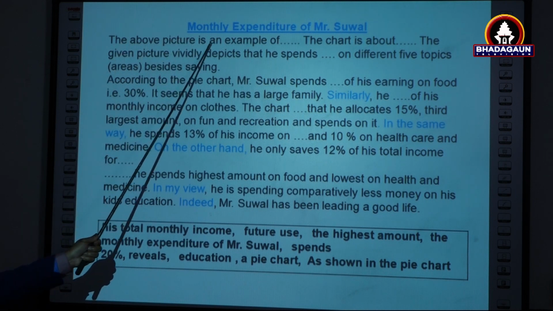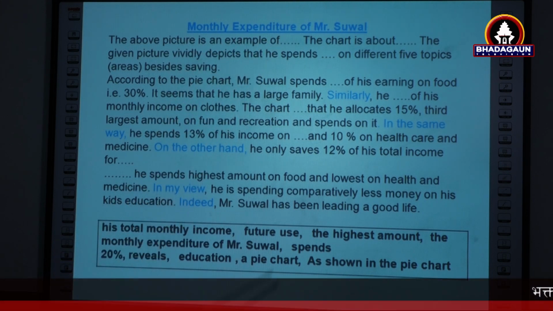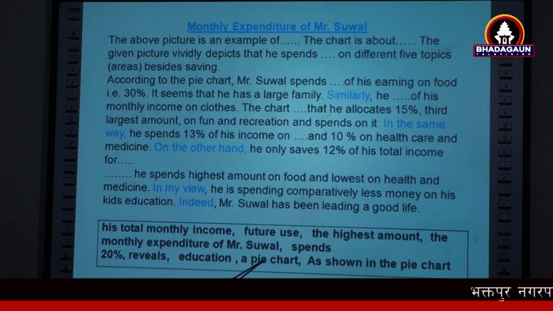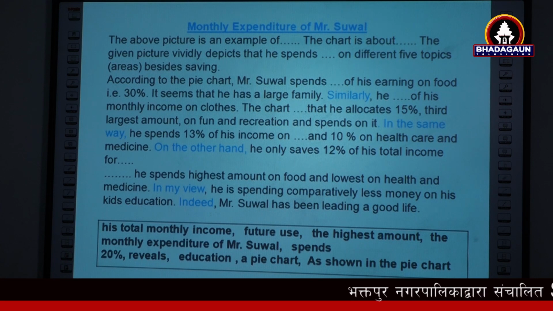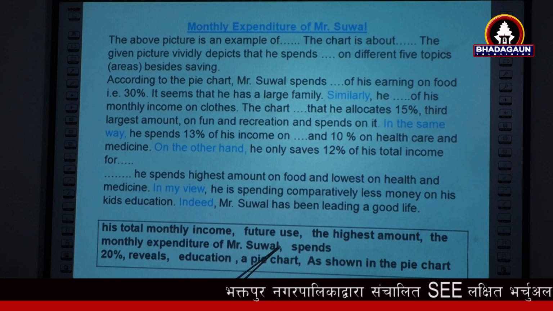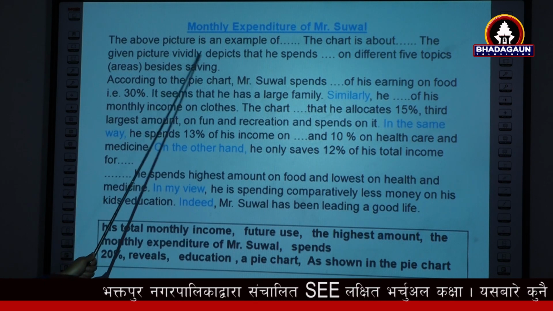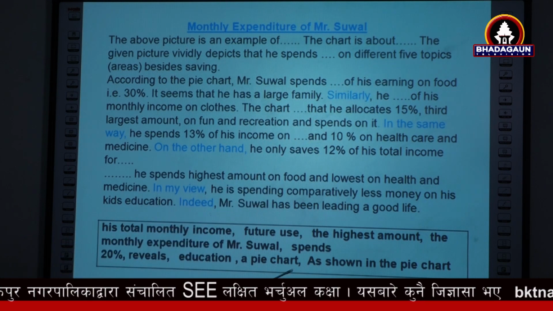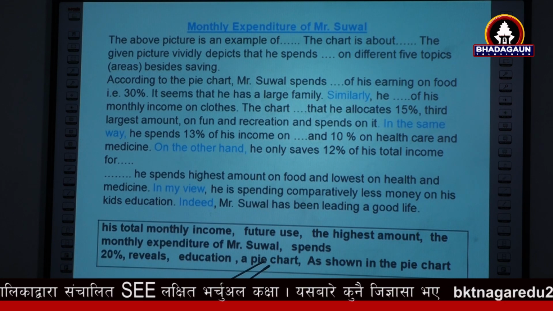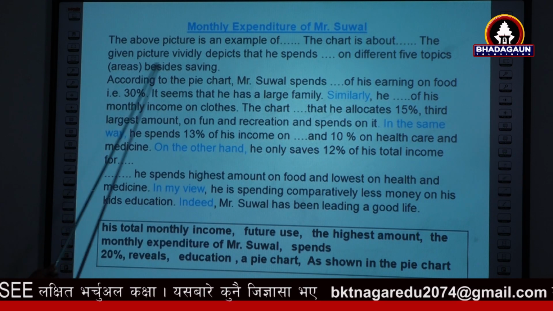The above picture is an example of what? Of a pie chart, right? The chart is about the monthly expenditure of Mr. Sual, right? So the given picture vividly depicts that he spends his total monthly income on 5 different topics besides saving.